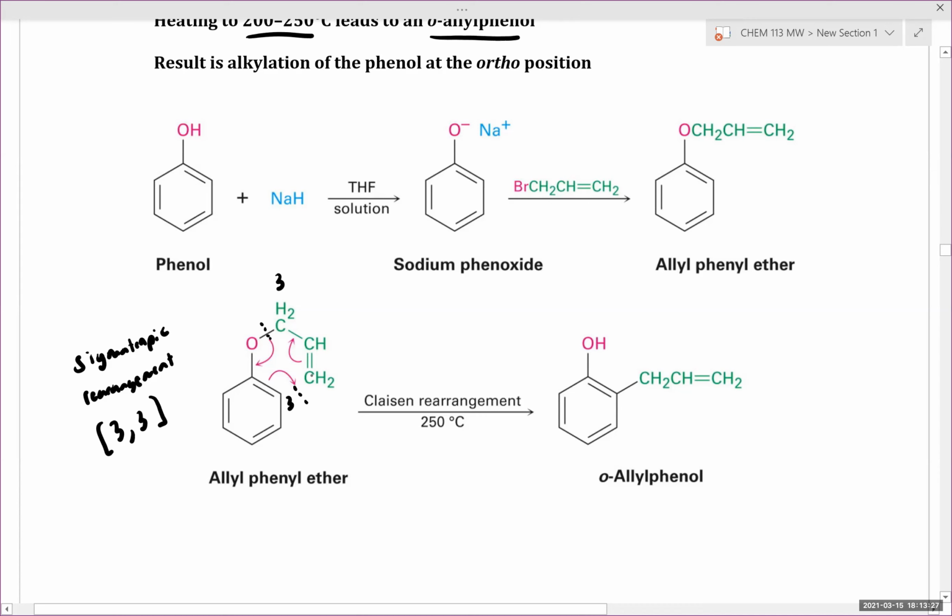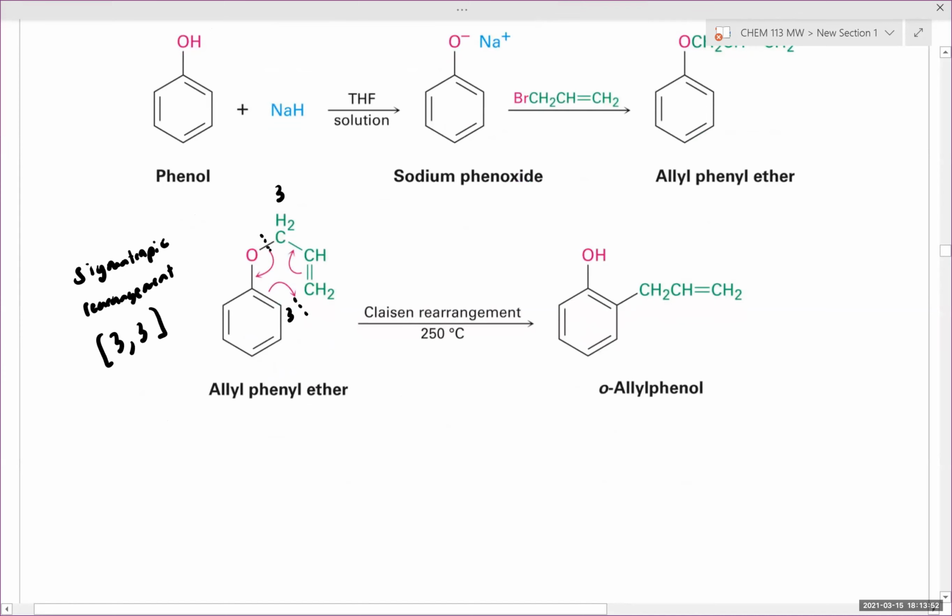We'll talk more about sigmatropic rearrangements later on in this course, but this is our first showcase of sigmatropic rearrangements under thermal conditions. So this reaction is known as a Claisen rearrangement, and it's used to prepare ortho-allyl phenols from allyl phenyl ethers.